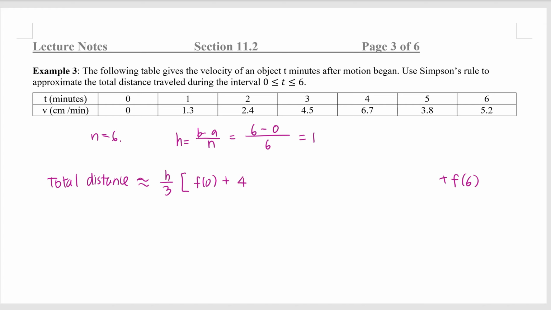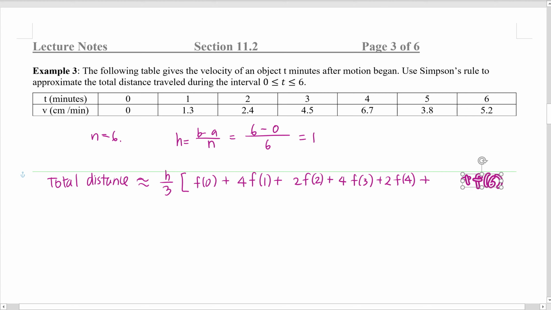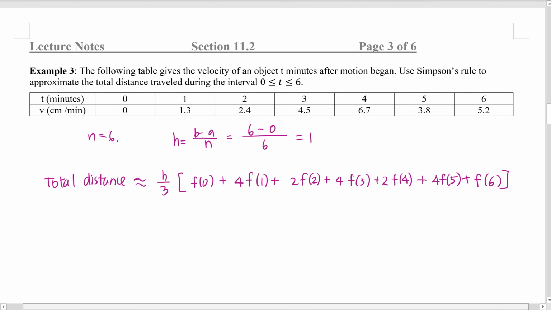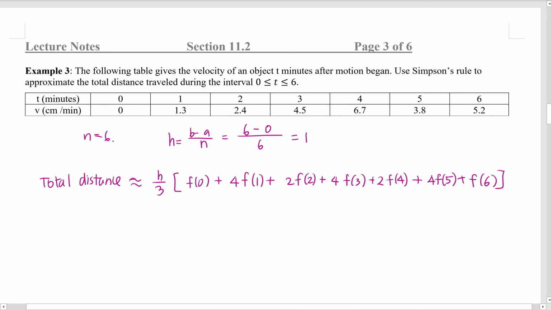So this is f of 2, and then 4, f of 3, 2, f of 4, and 4, f of 5. So far so good, everybody? Check the coefficients again: 4, 2, 4, 2, 4.